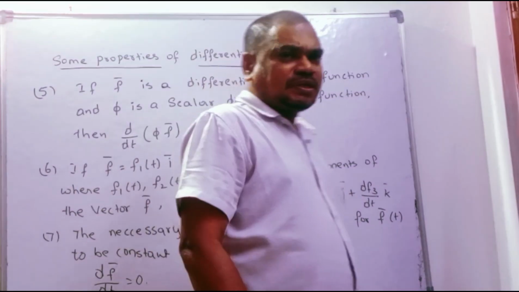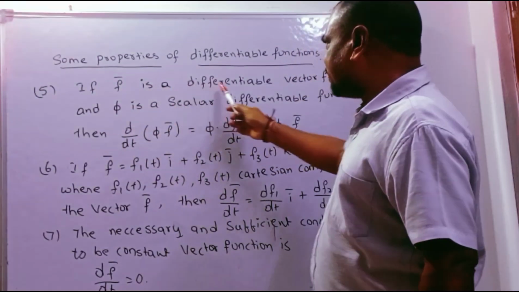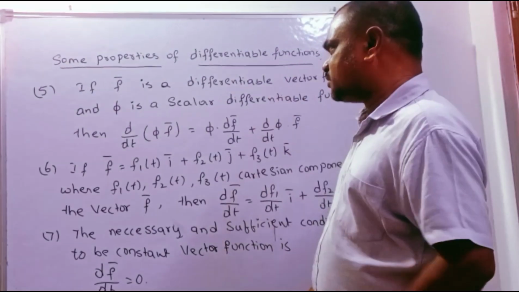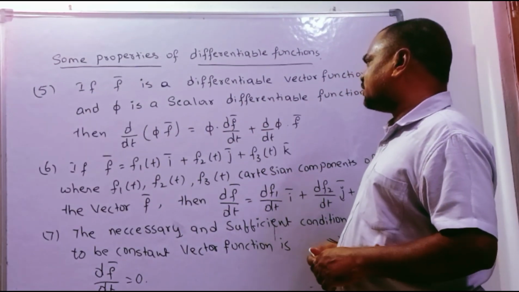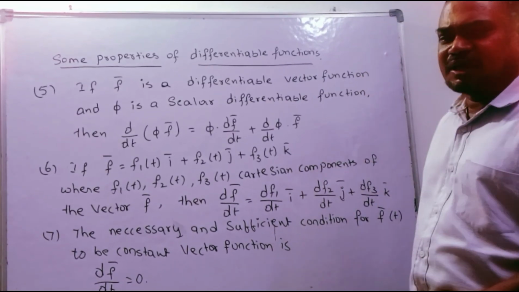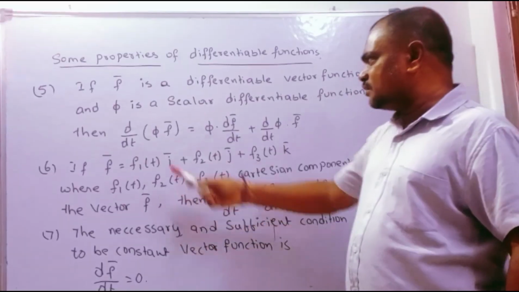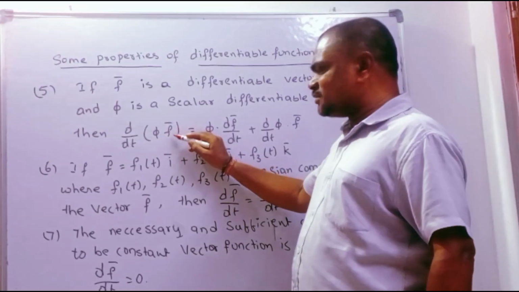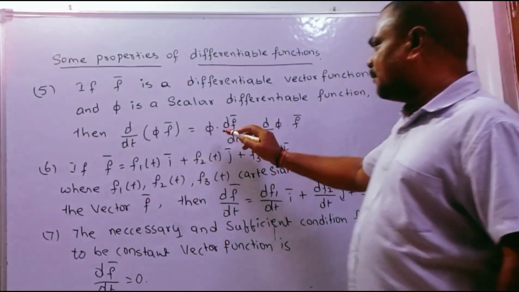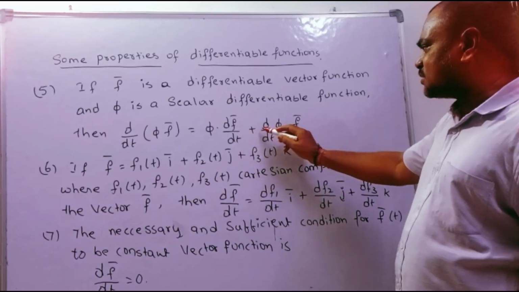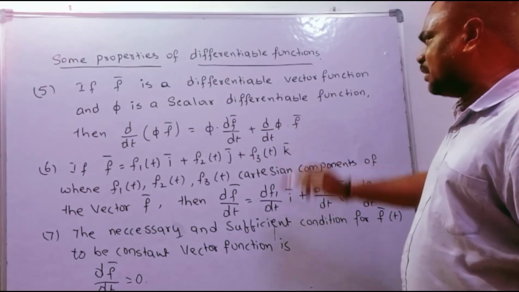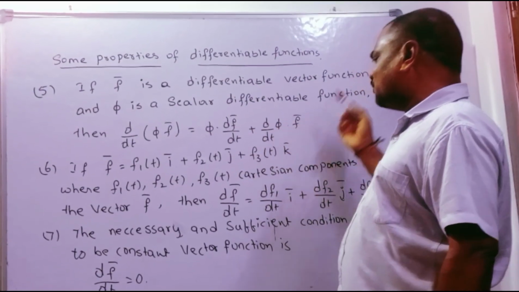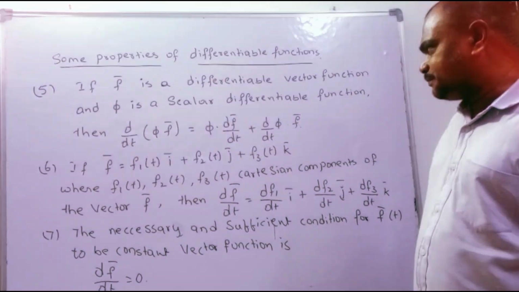If f bar is a differentiable vector function and phi is a scalar differentiable function, then d by dt of phi f bar, where one is the scalar function and one is the vector function, equals phi into df bar by dt plus d phi by dt into f bar. This is not a dot product.